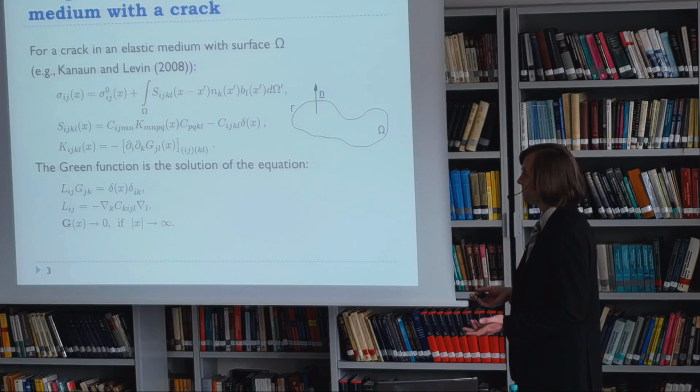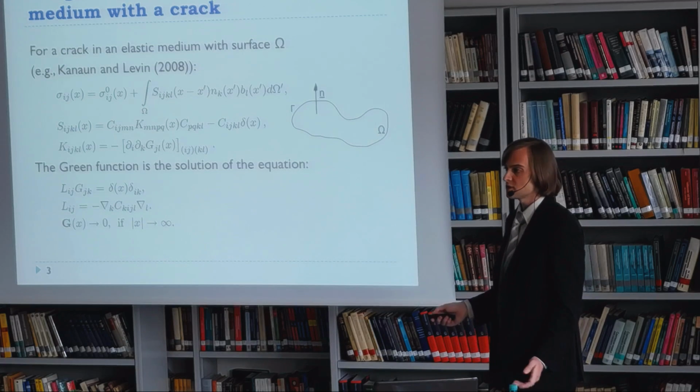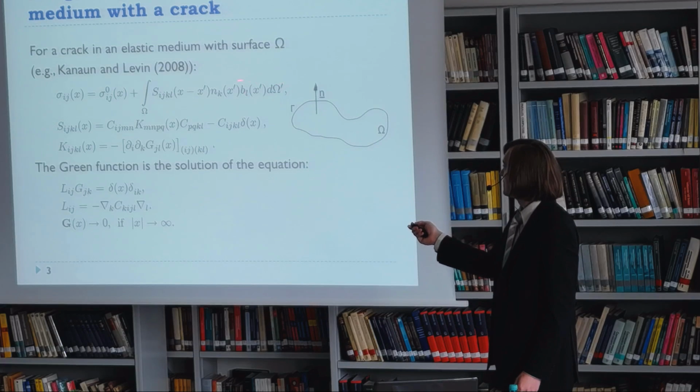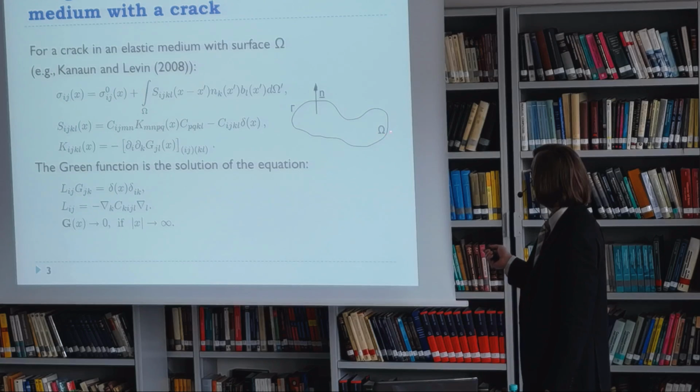Because what happens if we apply some stress to a crack? This crack will open. So a discontinuity will be present and some crack opening would appear here. This is the boundary integral equation which is applied for the crack surface.